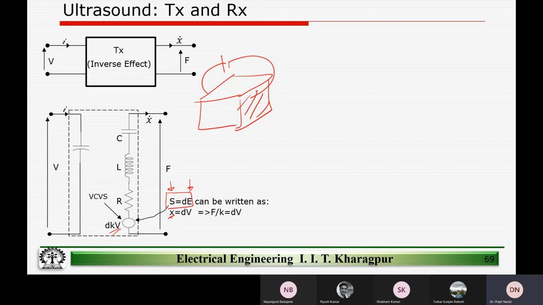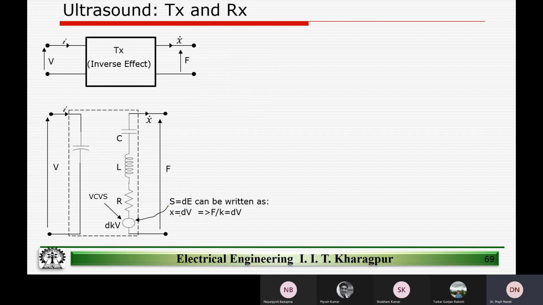The strain is X by L, and the electric field is also nothing but V by L. So the L cancels out, and the same equation, S equals dE, I can write in simpler, more relatable terms, with X being the deformation and V being the voltage that we are applying.